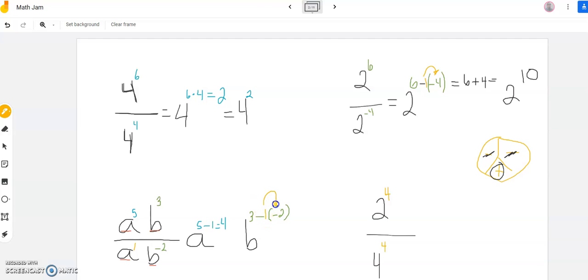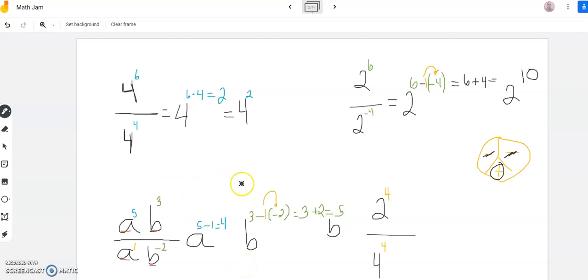So a negative times a negative is a positive, and a negative 1 and a negative 2 is going to make it a positive 2. So now our answer is going to be 3 plus 2. Parentheses are gone. Add those together. That gives us a total of 5. So our answer is B to the 5th power.